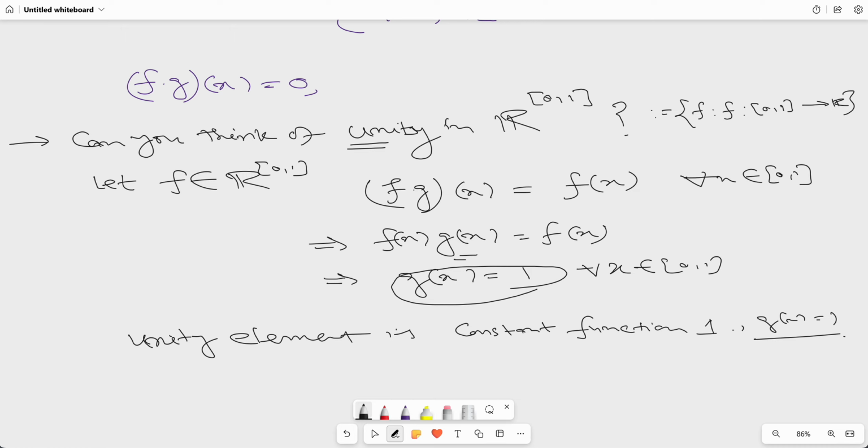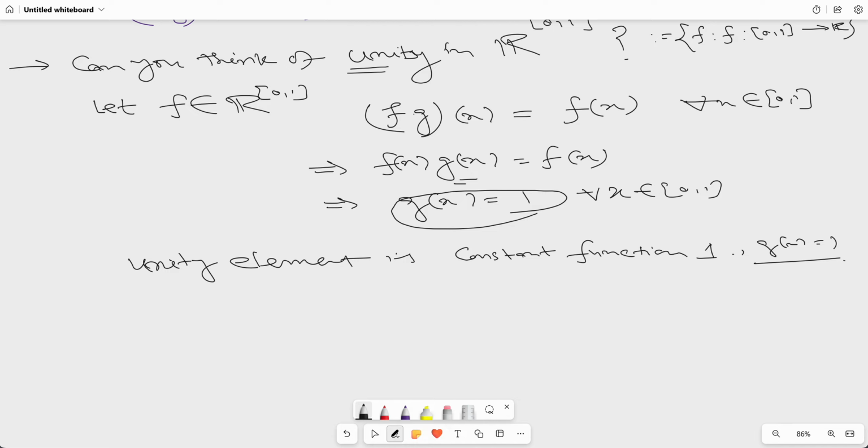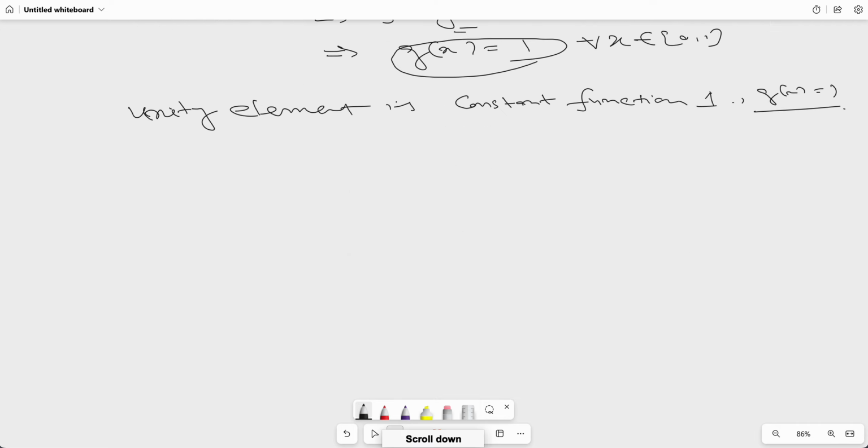So for every ring of this kind, can we find unity always? My question is, for any ring of this kind, can we find unity? For example, we take 2Z on 0, 1. This is defined as the functions f from 0, 1 to 2Z.